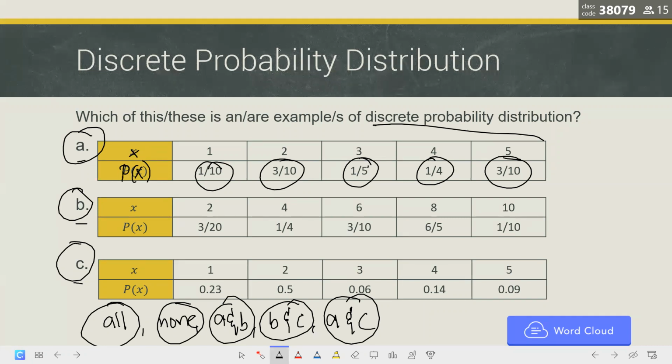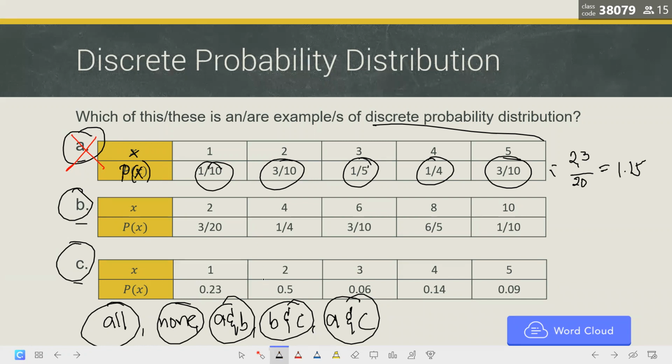So, lahat sila pasok sa property number 1. Pero, once na pinag-add natin silang lahat, ang total ay 23 over 20, or 1.15. So, hindi niya nasatisfy yung second property. So, A is not a discrete probability distribution.